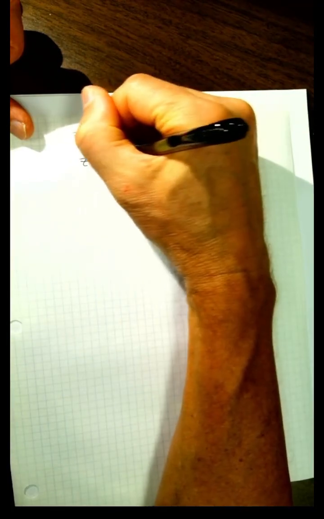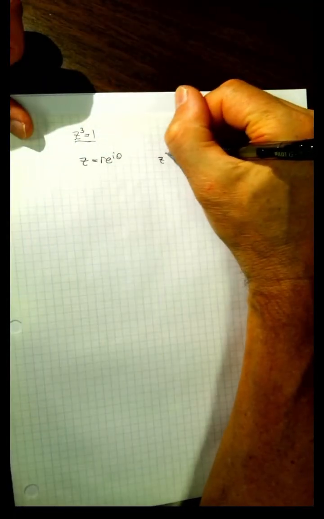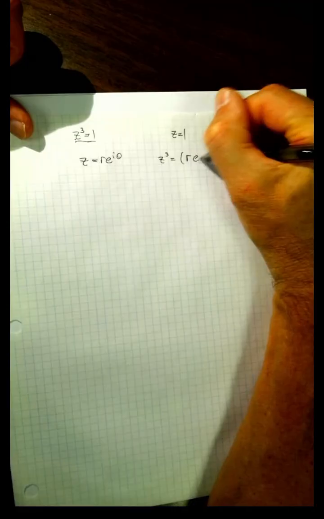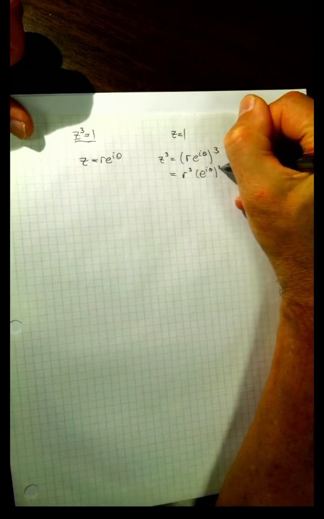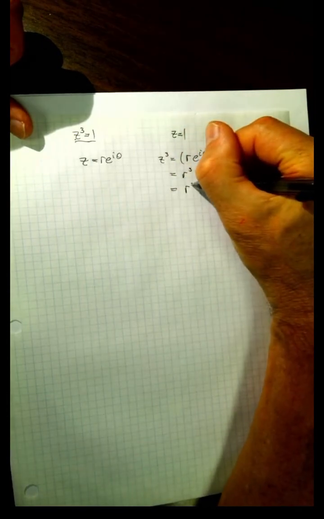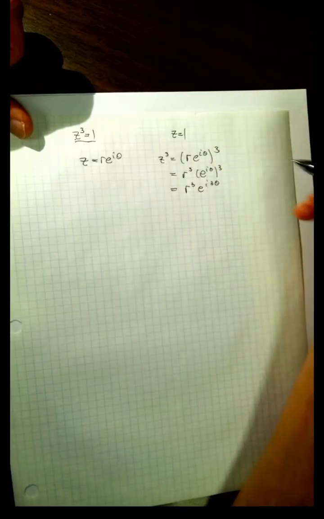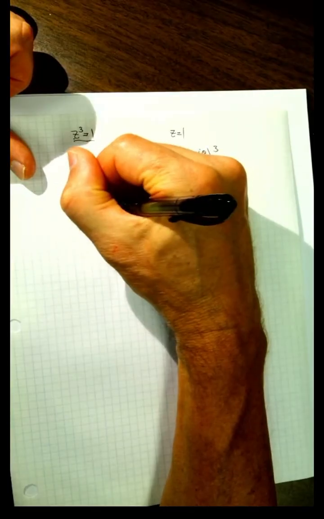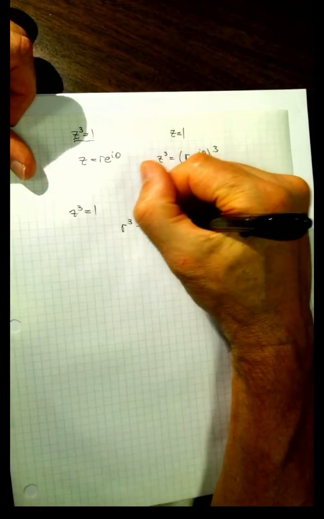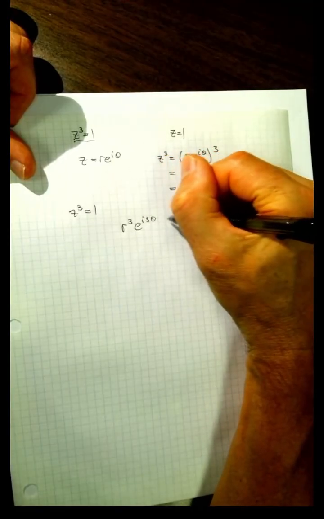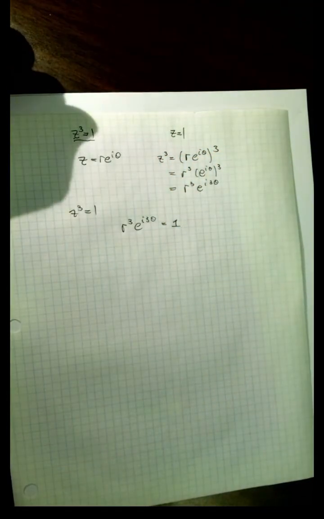Well, if I write z in Euler form, then z cubed is that thing cubed, and I can cube the individual pieces. But because that's an exponent, I can write that as e to the i 3 theta. So if I tell you z cubed equals 1, that's the same thing as saying r cubed e to the i 3 theta is equal to 1.